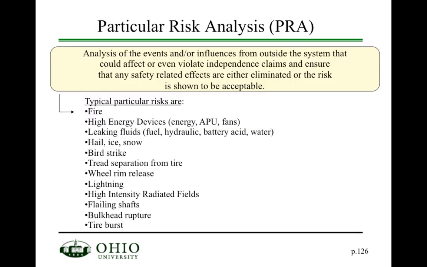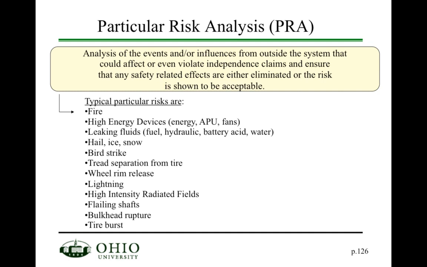A particular risk analysis really starts looking at external influences or disturbances. These external influences or disturbances could potentially cause multiple systems to fail, resulting in a violation of the independence claim. If fire breaks out, this could affect multiple systems that you previously thought were independent. You can also have hail, snow, or a bird strike that would take out an engine, but maybe also some hydraulic cables.